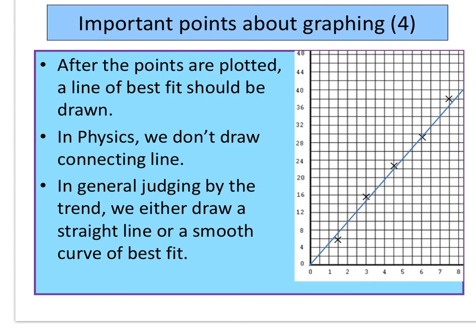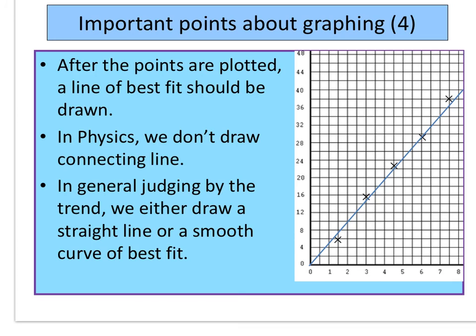Important points about graphing number 4. After the points are plotted, a line of best fit should be drawn. In physics, we don't draw a connecting line. In other words, you don't just connect up all these points and end up with a zigzag line.